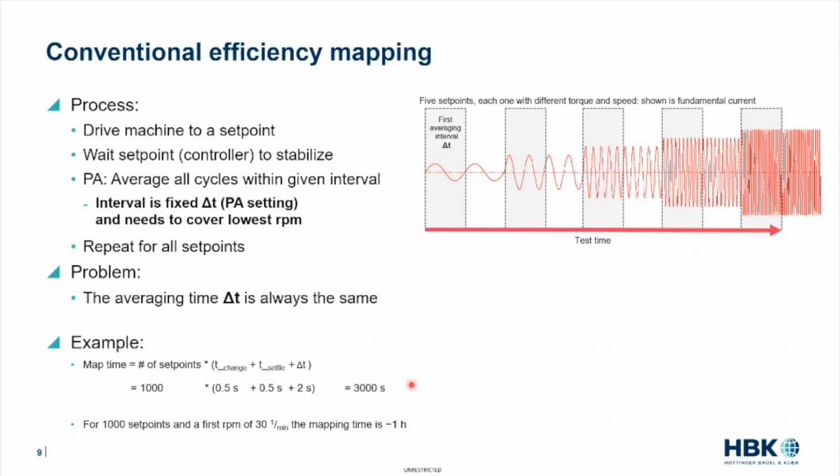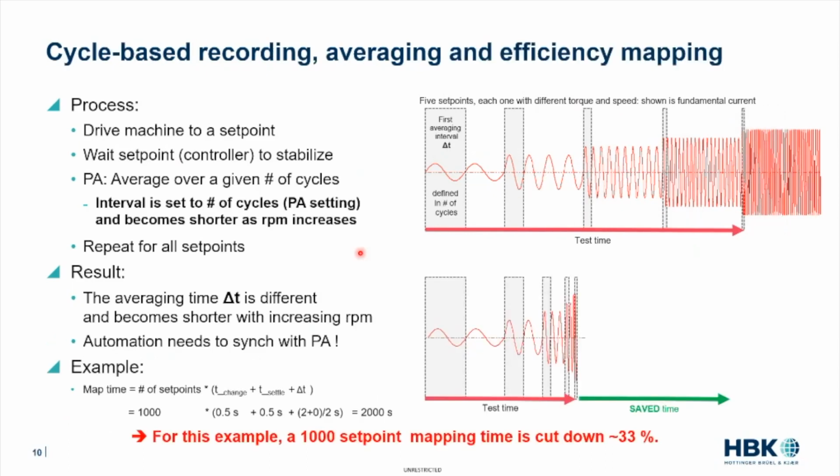Now, how can we improve that? Well, what we do is we do not measure at a fixed averaging interval. As we can detect the cycles in real time, we can also set our calculation based on these cycles.